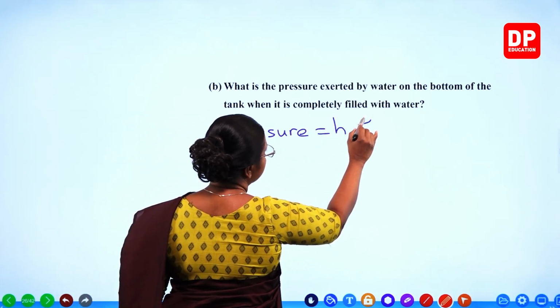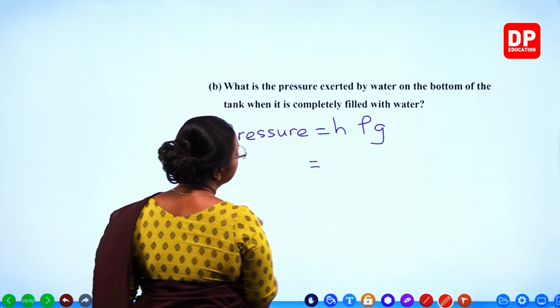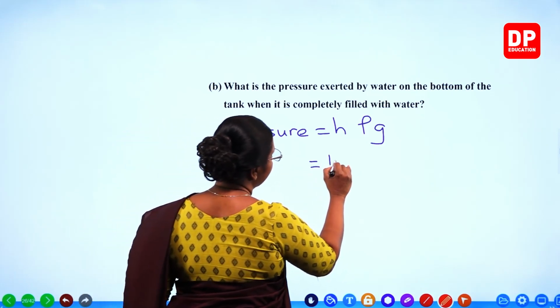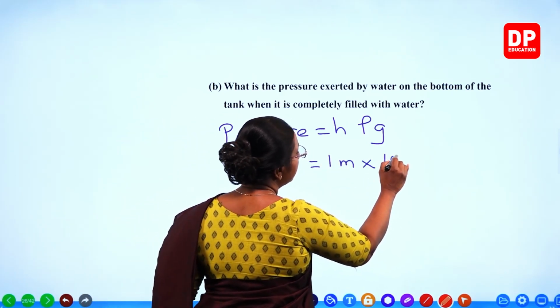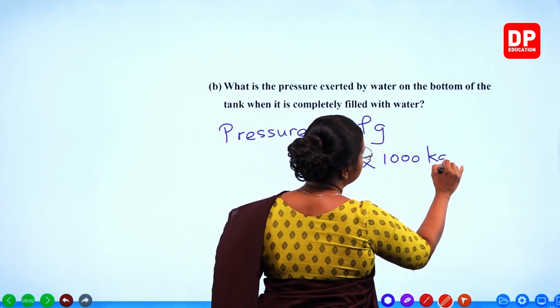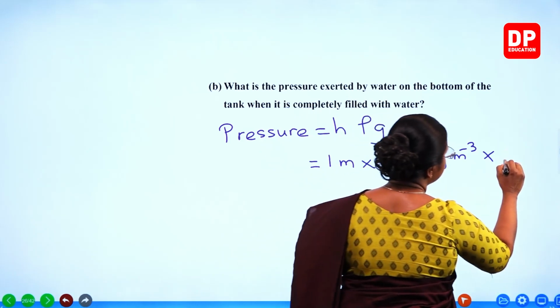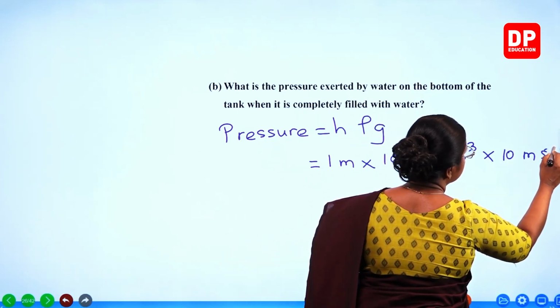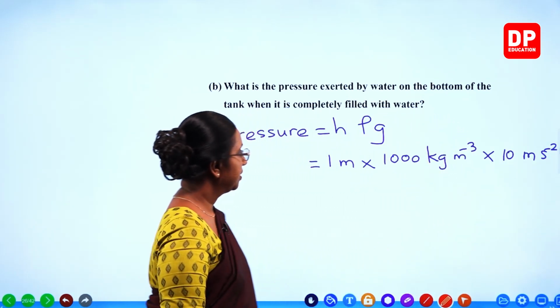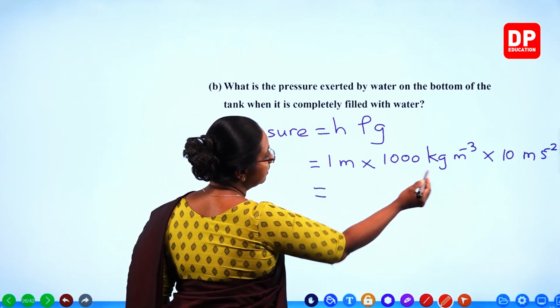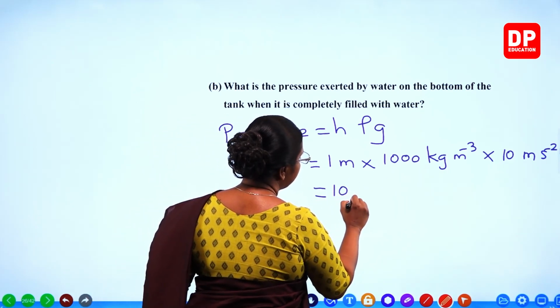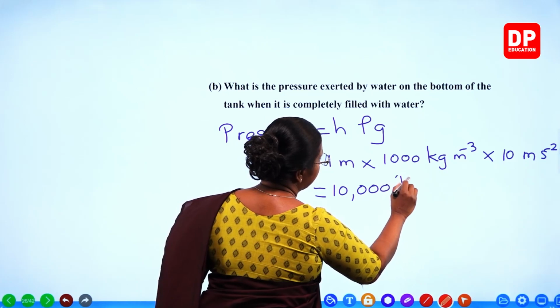You all know the height was given to us as 1 meter, and rho is 1000 kilogram per meter cube. The gravitational acceleration is 10 meters per second square. Then you will get the pressure as 10,000 Pascal.